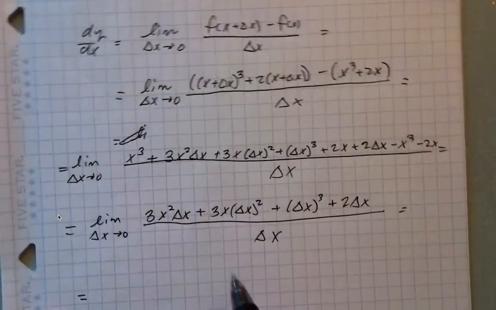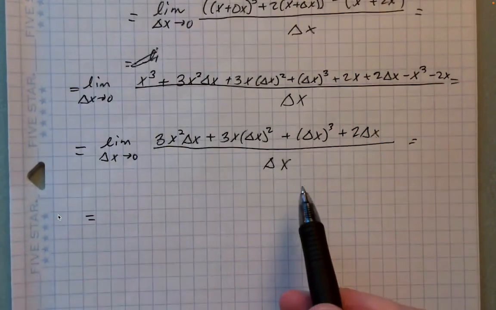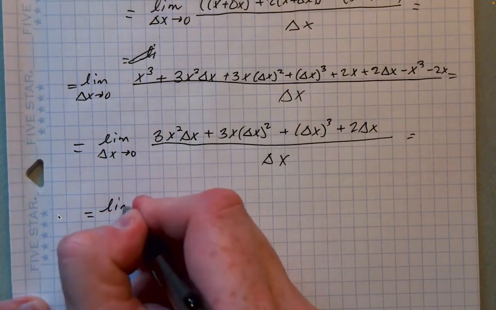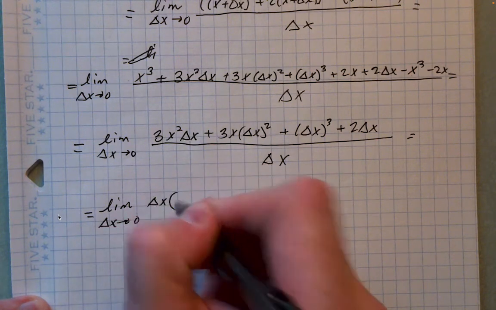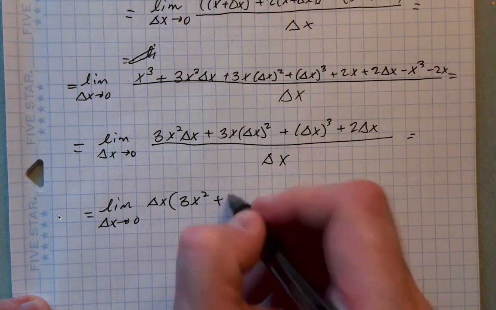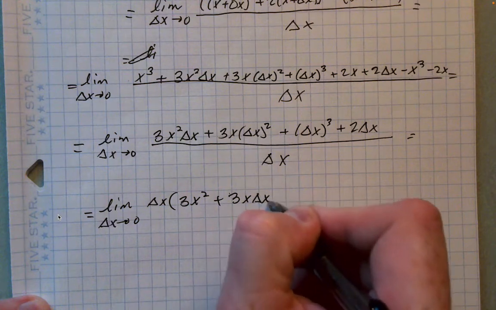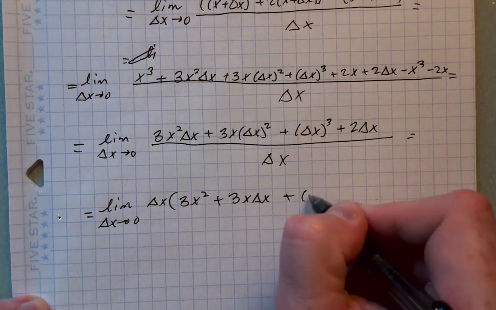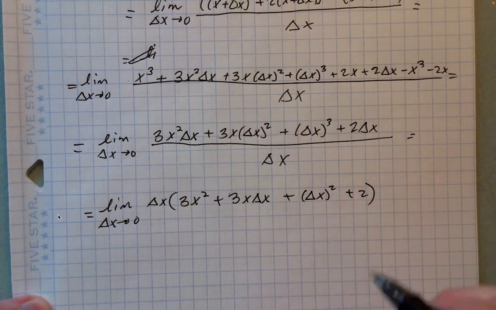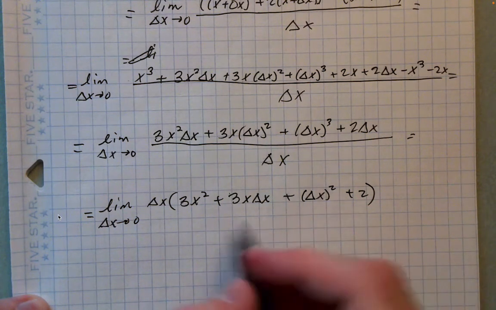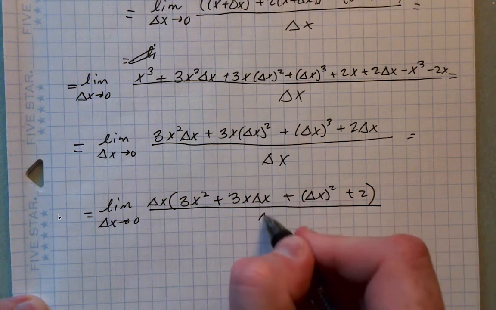And then, like we did previously, we can factor delta x out of the whole thing. So we factor out delta x and we get 3x squared plus 3x delta x plus delta x squared plus 2, all over delta x.